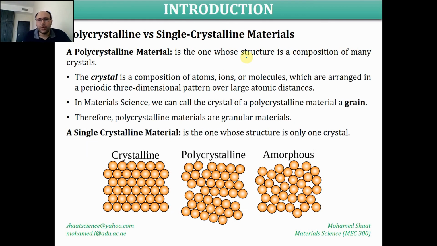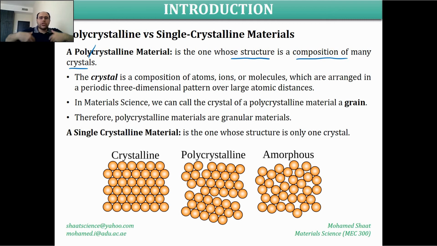Polycrystalline material is one whose structure is a composition of many crystals. It comes from the word we mentioned once before. Poly means multiple. Crystalline means the material consists of multiple crystals.